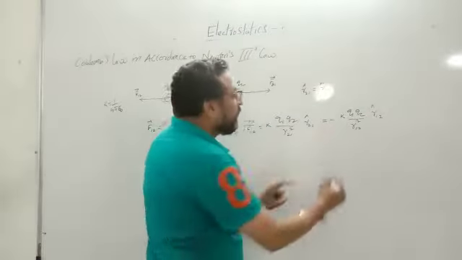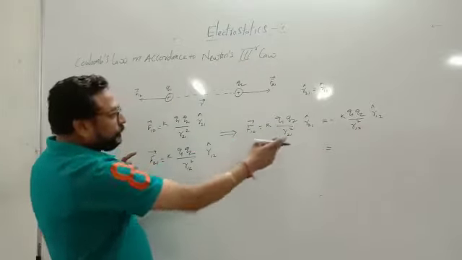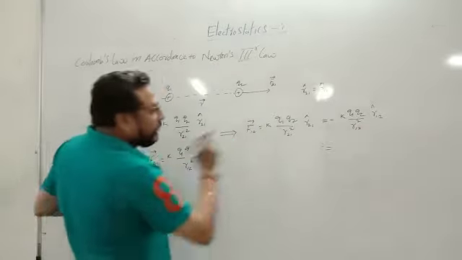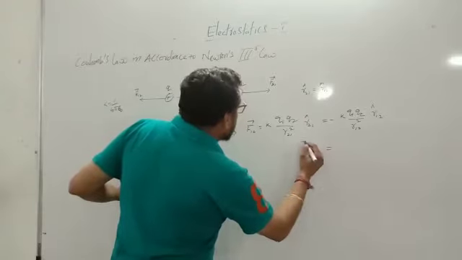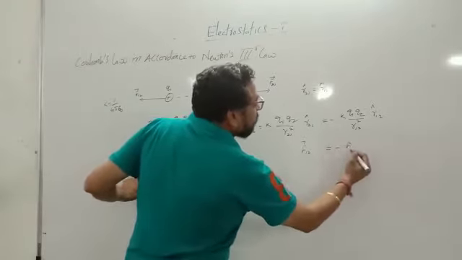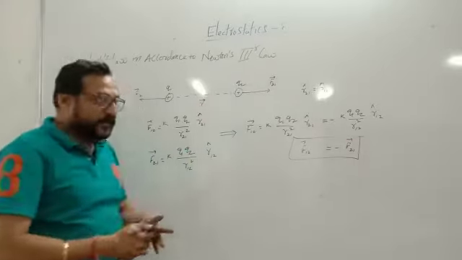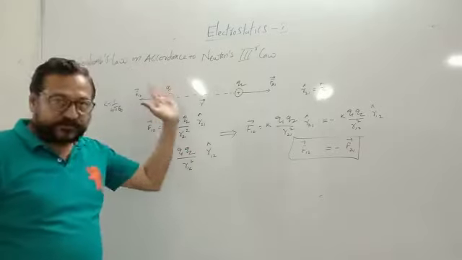This is negative, and this value is equal to F21. Then we get F12 is equal to minus F21.